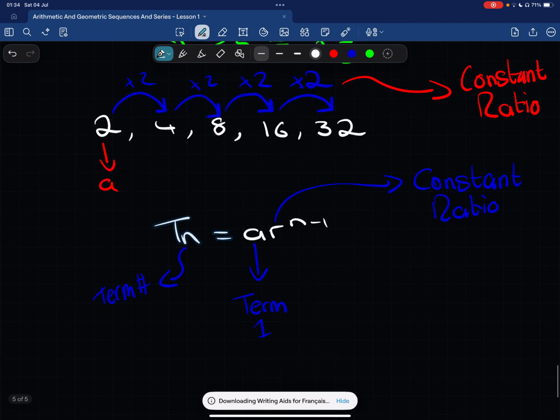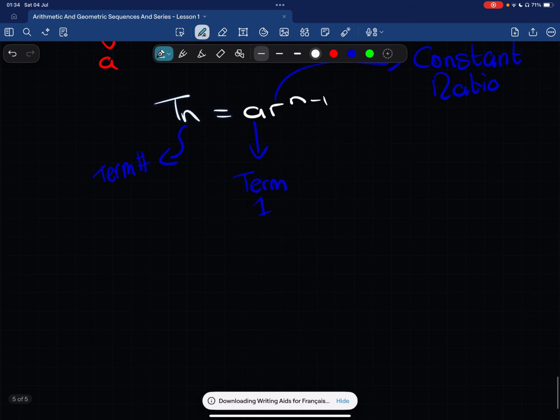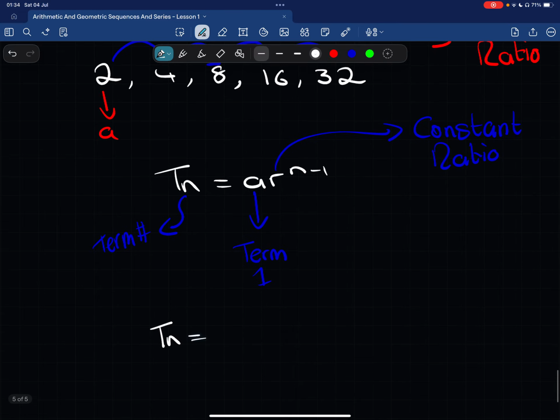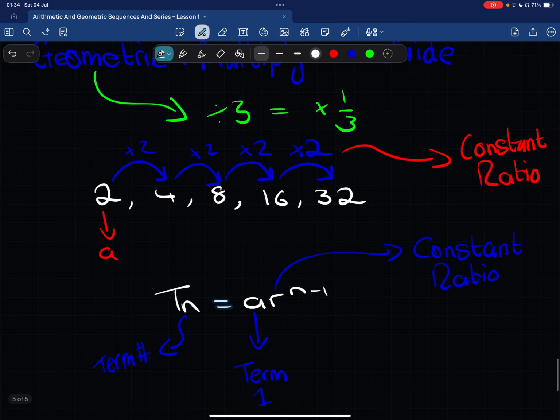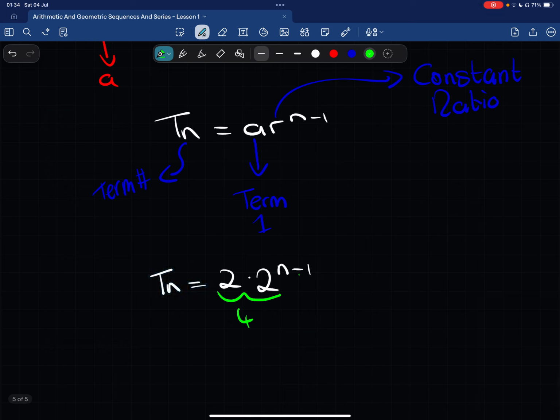So now, based on this sequence, let's plug it into our formula and generate a formula for this geometric sequence. So Tn is equal to A is 2, our R is also 2, multiplied, all to the power of n minus 1. Now, please note, we can't go here and say that 2 times 2 is 4. Yes, 2 times 2 is 4, but we have to realize that we are working with exponents.